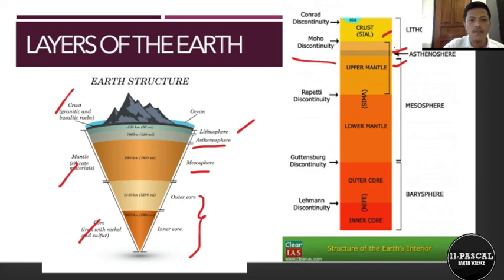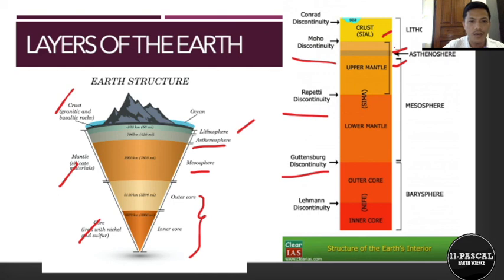Transitioning from the upper mantle, between the upper mantle and the lower mantle, we have the Repetti discontinuity. And then we also have the Gutenberg discontinuity, the transition zone between the lower mantle and the outer core.